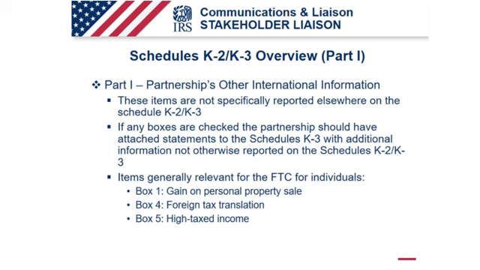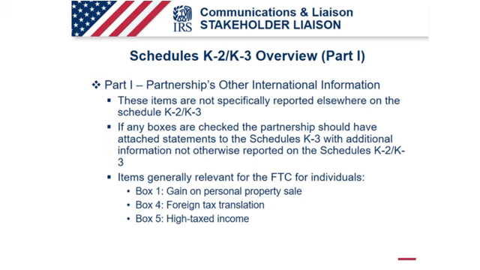Similarly, there are fewer parts to the Form 8865 Schedules K-2 and K-3. In this webcast, we are focusing on Parts 1, 2, and 3. These parts cover the same information on each of the Forms 1065, 1120S, and 8865 Schedules K-2 and K-3 as applicable.